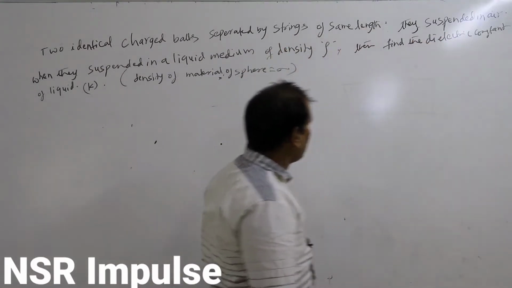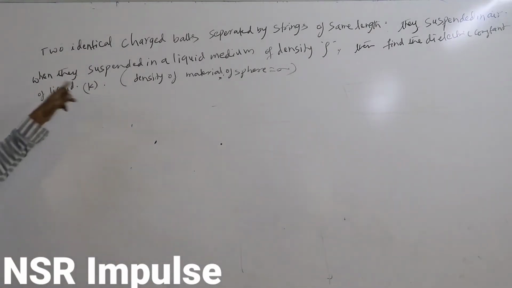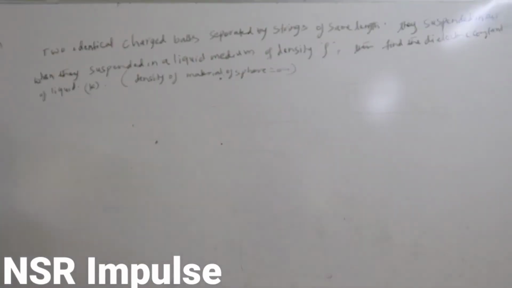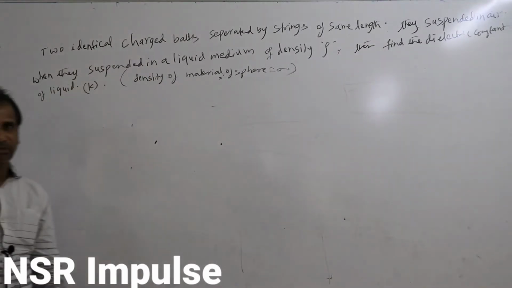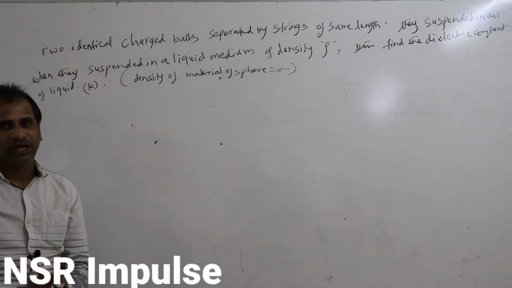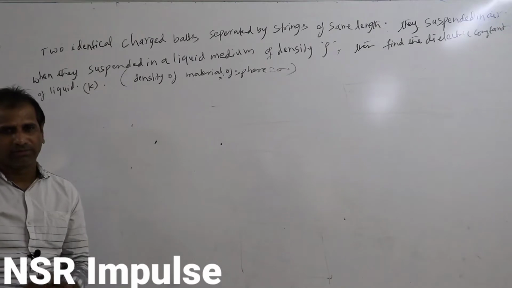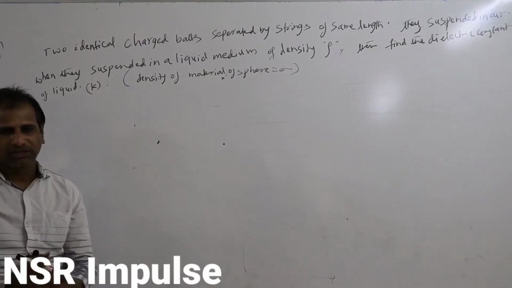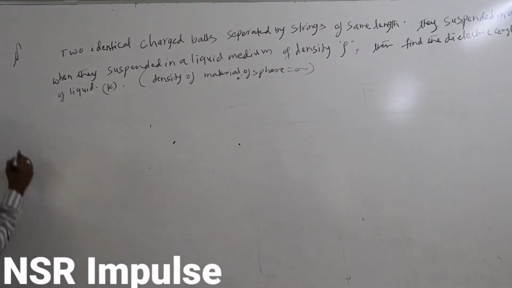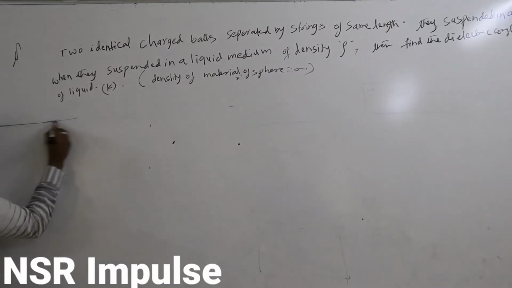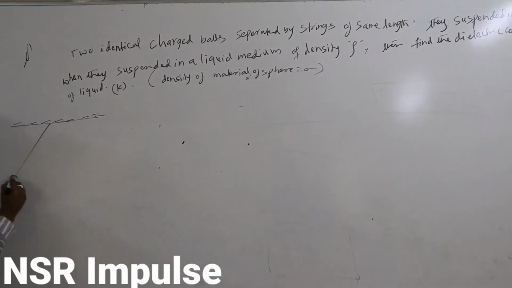They are suspended in air. Identical means masses are also equal. First, initially they are suspended in air. Two identical charged balls, so both the balls have the same charge. As they have the same charge, once they are suspended in air medium, they get repelled out. They get separated like this, in this manner.